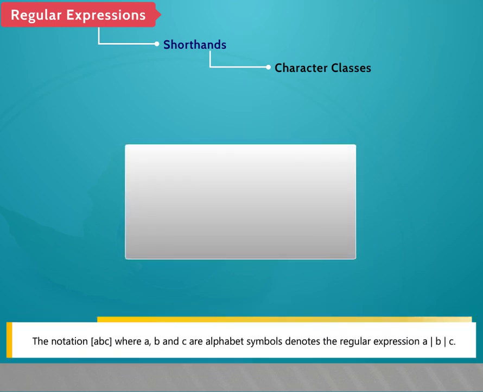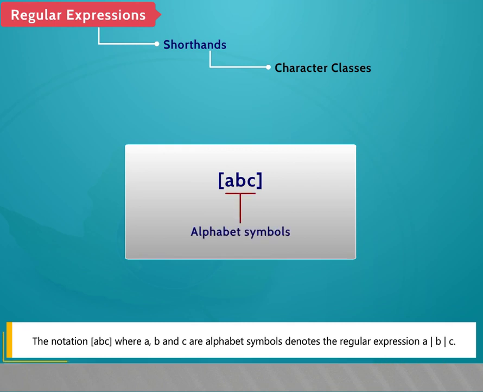Character classes. The notation [abc], where a, b and c are alphabet symbols, denotes the regular expression a|b|c.